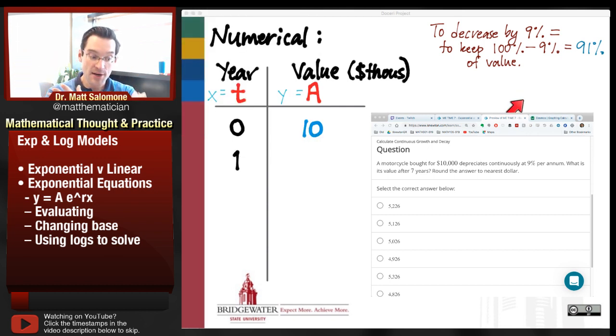I've done it right up here when I subtracted 9% from 100%. And so I do that subtraction in percentages, not in dollars. And then I use that percentage, the 91% of the value that I'm retaining, as my multiplication. And so to keep 91% of my value, I just need to multiply by 91%.